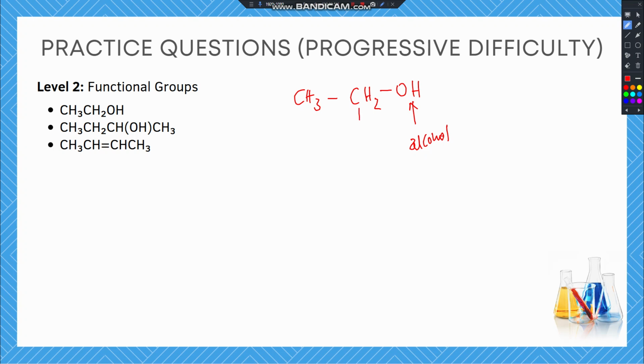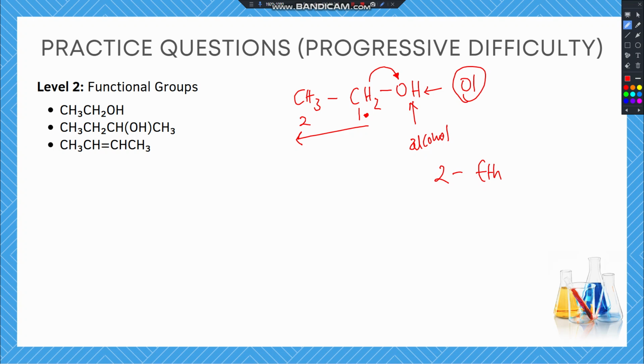We have 1, 2. That's right to left. I started from this right hand side because that is the end that will give the lowest possible number to this functional group. All right, so since we have 2 carbon atoms, then we use the name ETH. Now, the next thing to identify is the functional group. The functional group is OH, and OH usually ends with OL, ol, as the suffix.